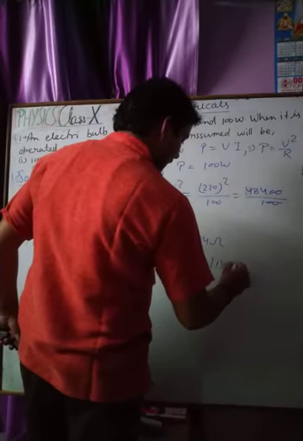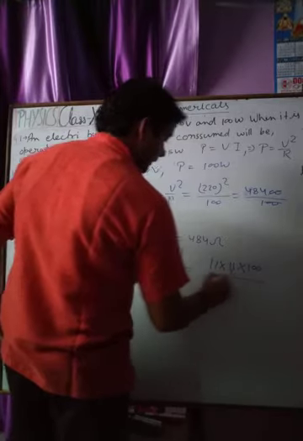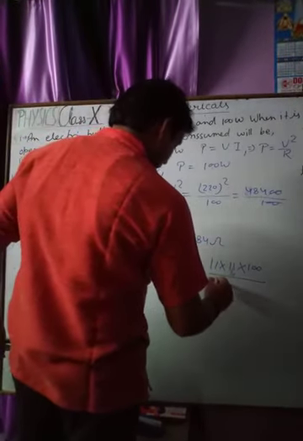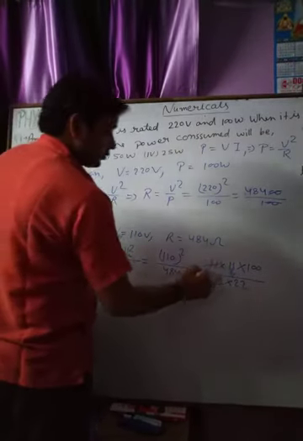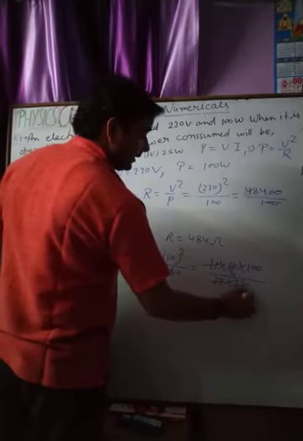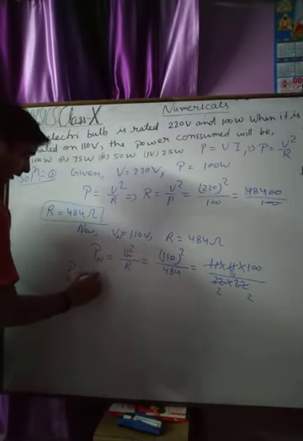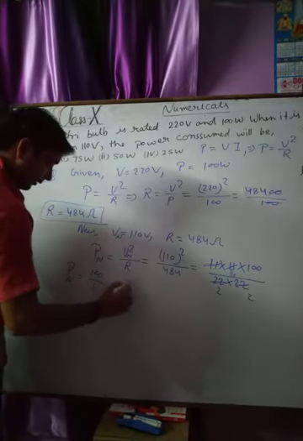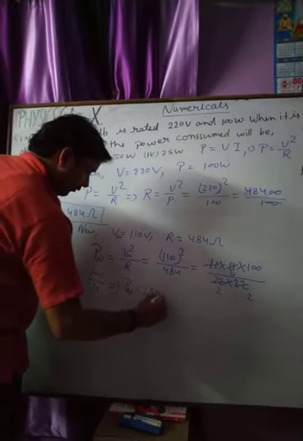Now it will be 11 into 11 into 100, and 22 into 22. Resolving this, it is cancelled by 2, cancelled by 2. Now we have the new power equal to 100 upon 4, that is P new is equal to 25 watt.